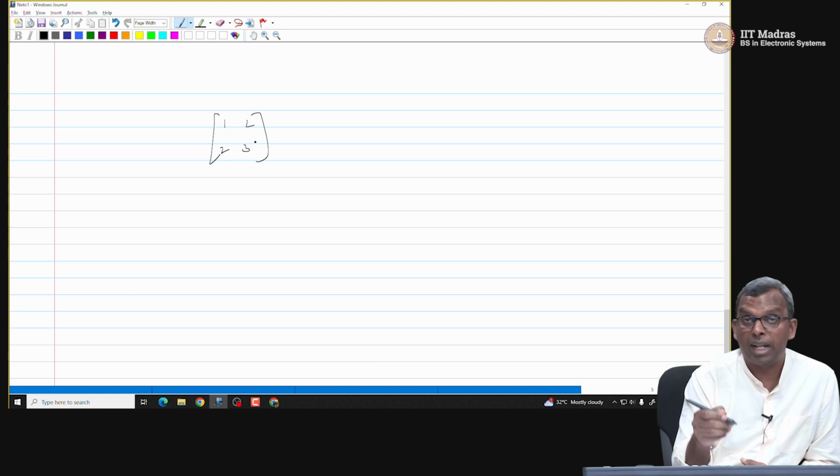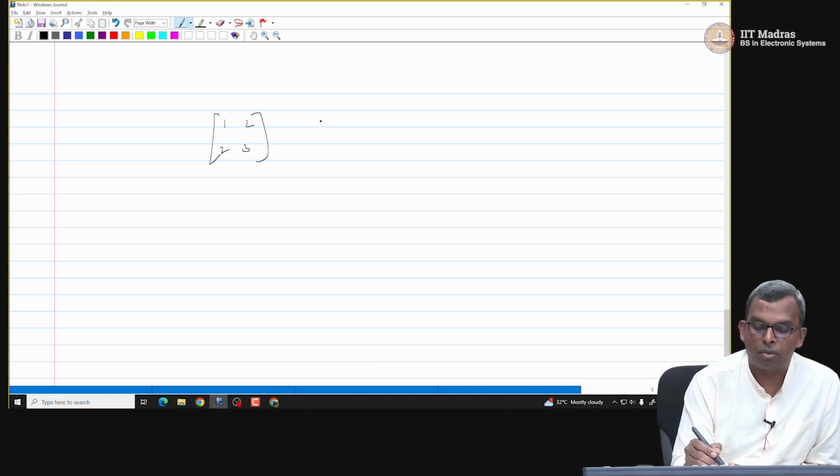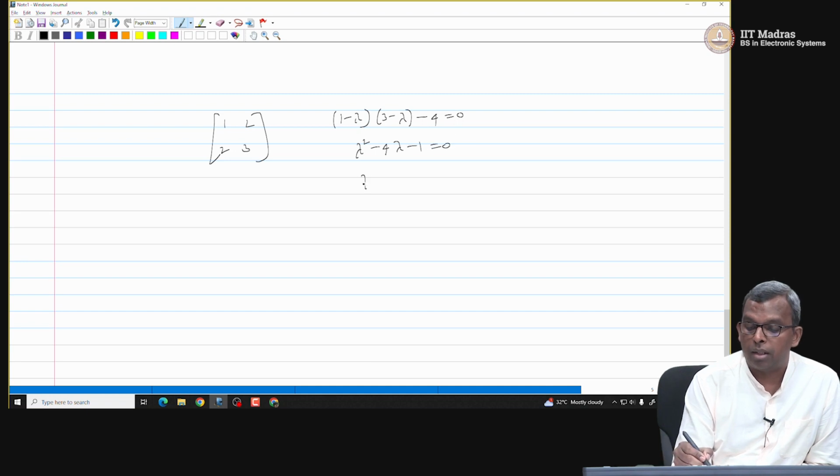If you remember, to find upper triangular you need eigenvectors, eigenvalues and all that. So, let us find the eigenvalues. You have (1 minus lambda) times (3 minus lambda) minus 4 is 0. That is the equation. So, you have lambda squared minus 4 lambda minus 1 is 0. You are going to get complex looking answers for this.